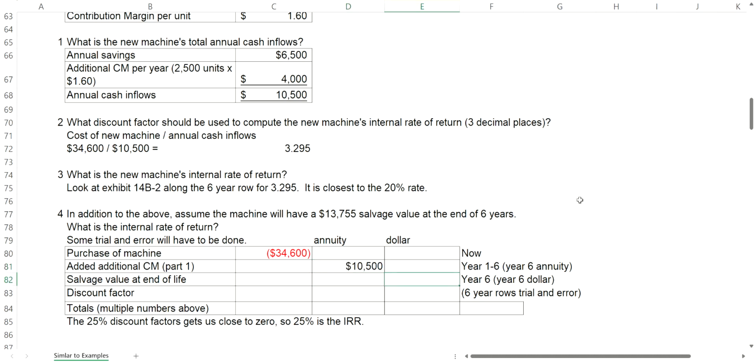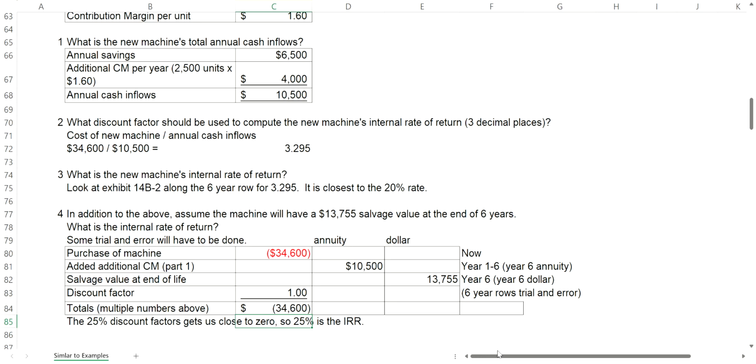And it is a single dollar amount that at the end of year 6, we get $13,755 as a salvage value. Okay, now we know that that cash outlay for the piece of machinery of $34,600 is right now. So the discount factor will be 1. It will be itself. So therefore, its current value is what we're paying for it.